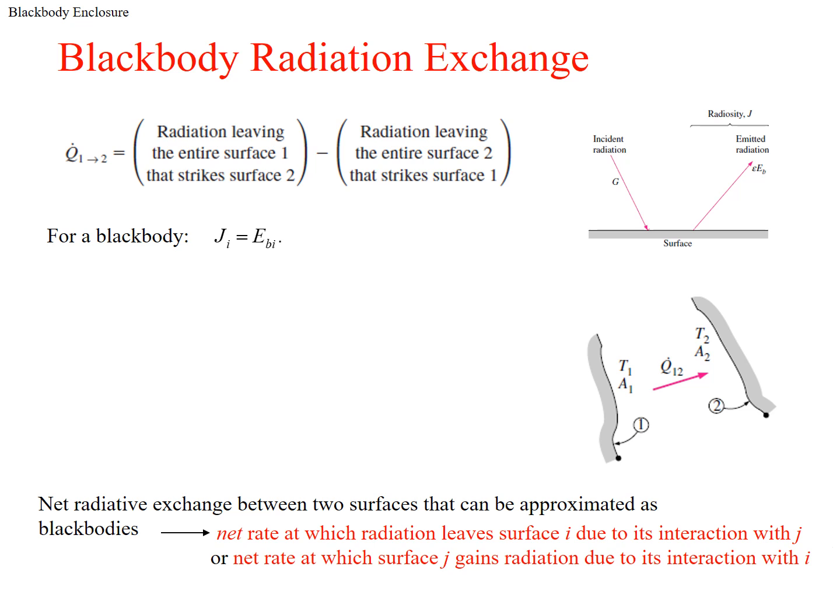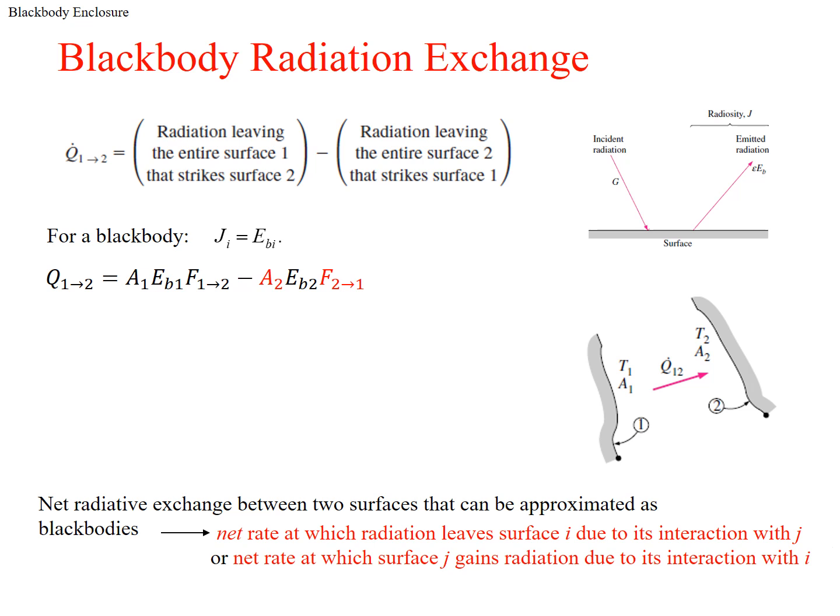Now, if I want to talk about radiation leaving a surface, in the case of a black body, radiation leaving a surface is not reflected radiation, it's basically emission by that surface. So then I'll write radiation exchange like this. Radiation leaving surface 1 that strikes surface 2 is going to be A1, the area of surface 1, times emission from black body 1, EB1, multiplied by the view factor from 1 to 2, F12.